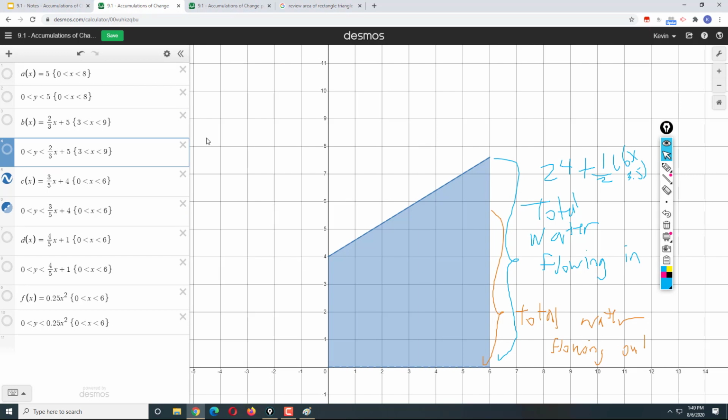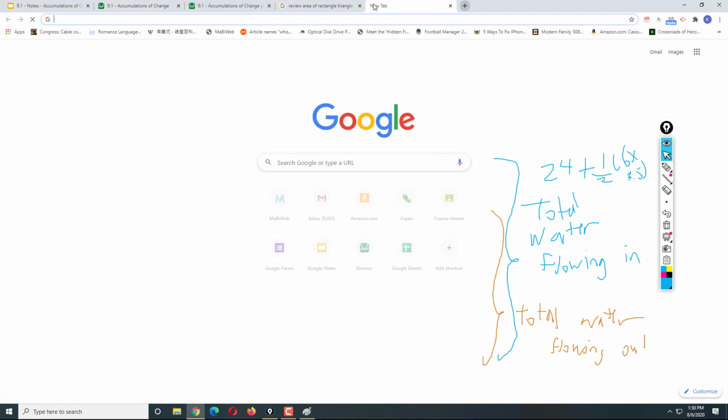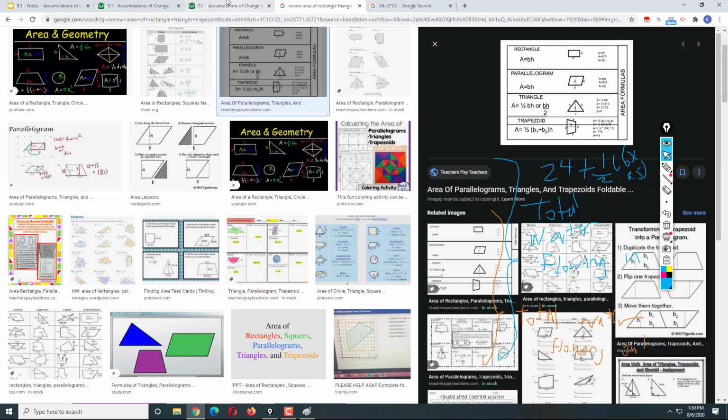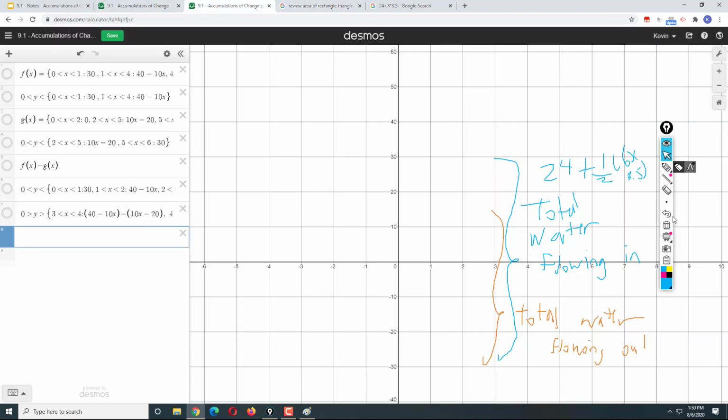When we do that, we get 24 plus 3 times 3.5. That gives us 34.5. So how much water has flown in? 35 milliliters.